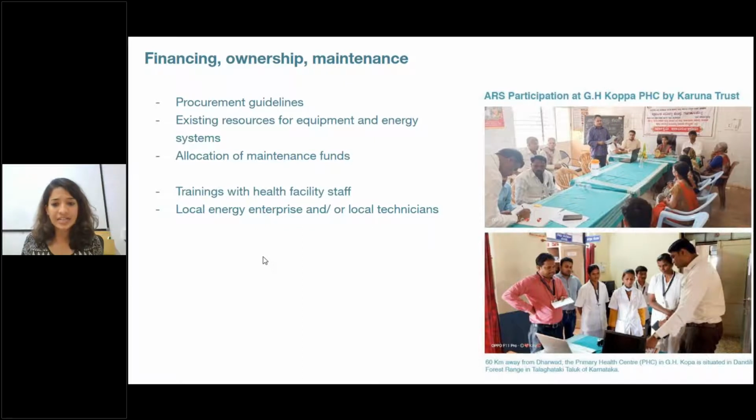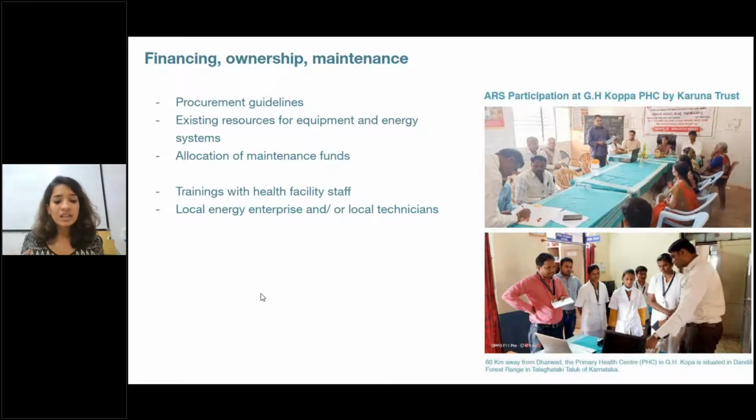Something we're working on very strongly is to enable health departments and humanitarian organizations working on procurement of health appliances to look at the most efficient appliances and include that within their procurement guidelines, to then leverage the funds that they have for appliances, for diesel generators, for operating diesel generators, and move them into maintenance and annual maintenance funds that can be managed by the health facility management and can be used on an annual basis to ensure that the solar system is working, that the appliances are working, that there's regular checks and maintenance on that.